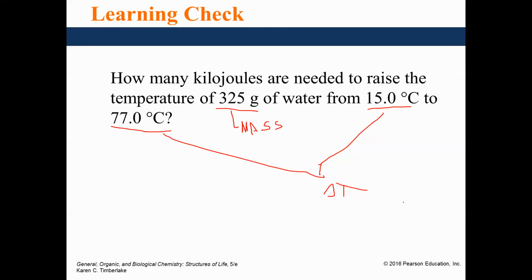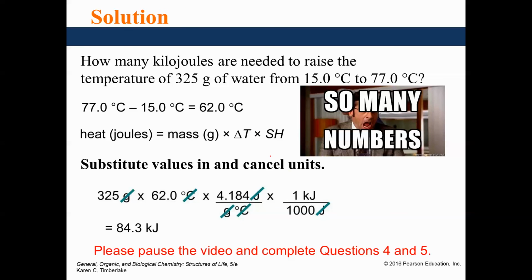Let's go ahead and solve this problem. We're going to use our specific heat equation, and we first find our delta T by taking our final temperature minus our initial temperature. We end up with 62.0. Notice that we have 1 decimal place, and again 1 decimal place, so we can only know our answer to 1 decimal place.